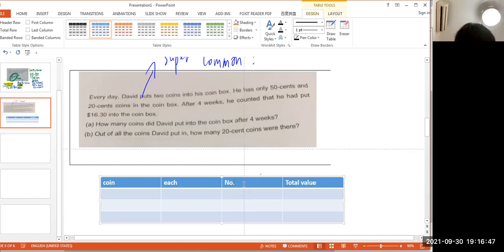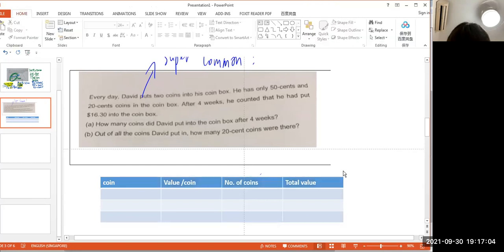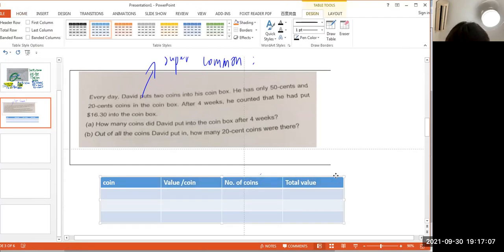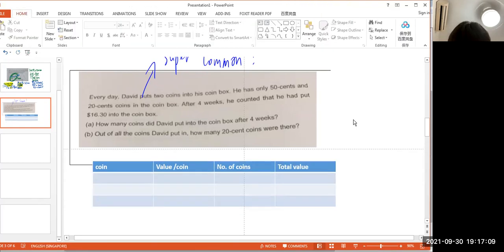Oh, by the way, when you fill up the table, right? Please make sure that you label the columns in details. What's your answer for B?